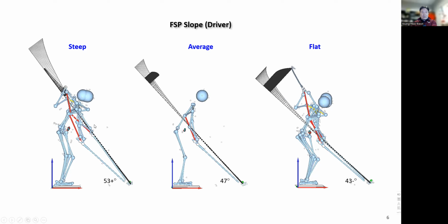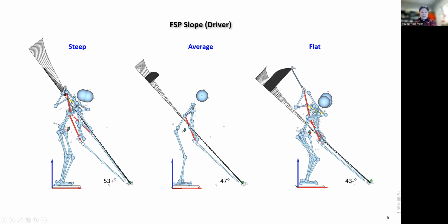This one shows a steep swing plane, passing through the middle section of the upper trunk. And this one shows the opposite extreme, the flattest, where the swing plane passes through the middle section of the lower trunk. So the slope can vary quite a bit depending on the golfer and the swing style.